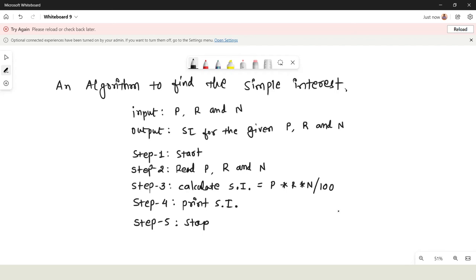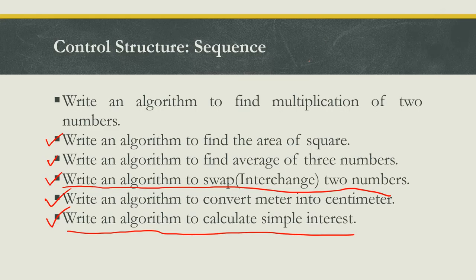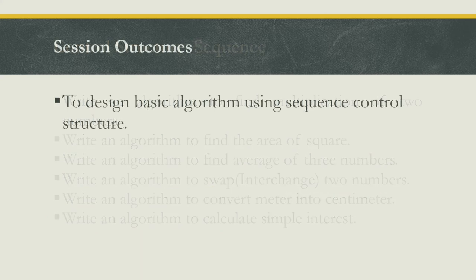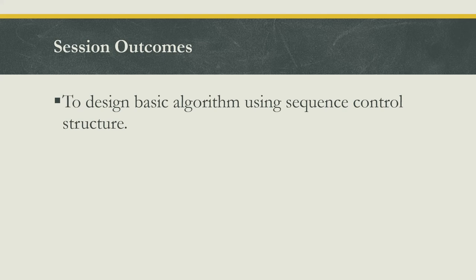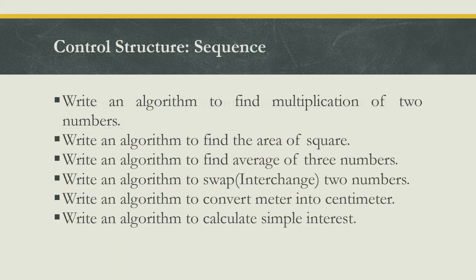If you have any suggestion or any doubts for this solution, then you can write in the chat box. So now we have completed all these 6 problems, and now you will be able to design basic algorithms using sequence control structure. So that's all for today.